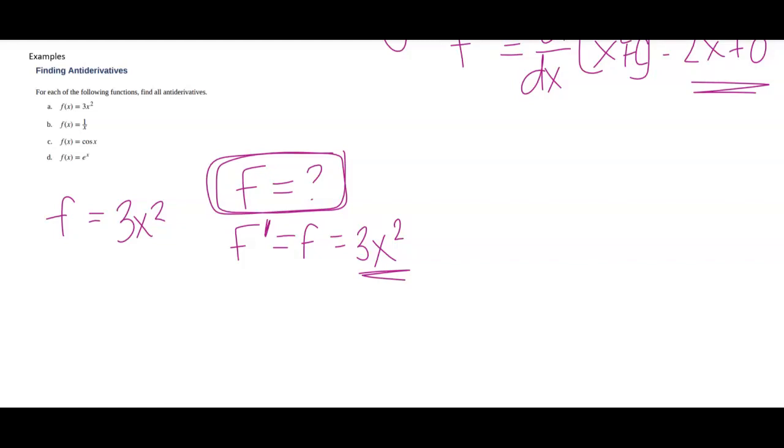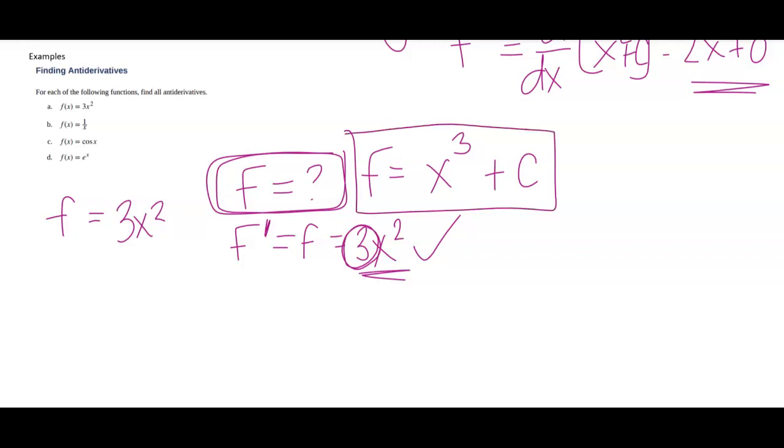If I were to undo the power rule, then this must have come from the exponent, so the exponent must have been 3. If I take the derivative of x cubed, I get 3x squared. But again, it's possible that I could have had a constant, and when I took the derivative, it went away. So this is my full antiderivative of 3x squared, x cubed plus c.